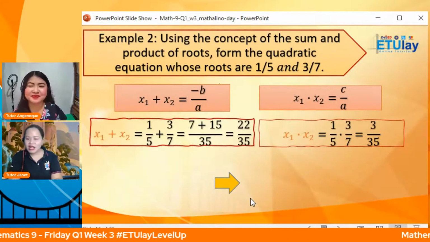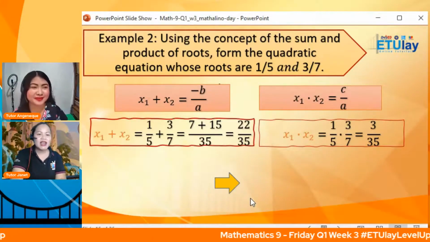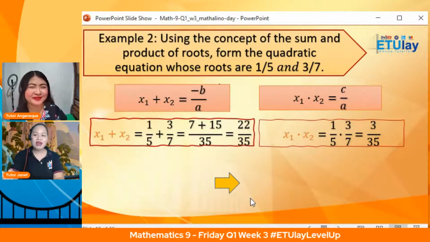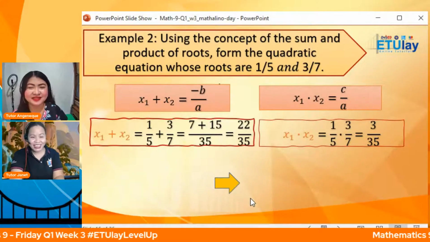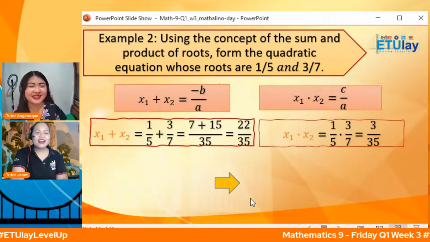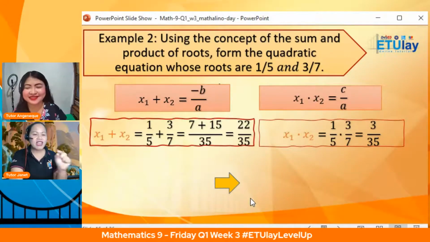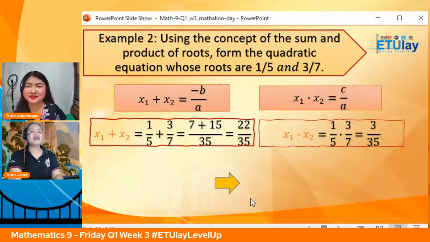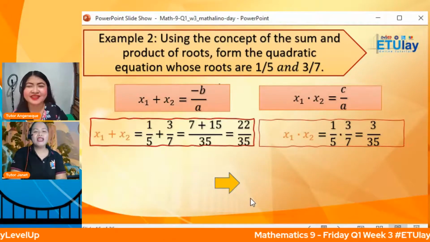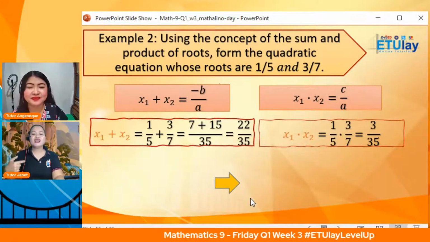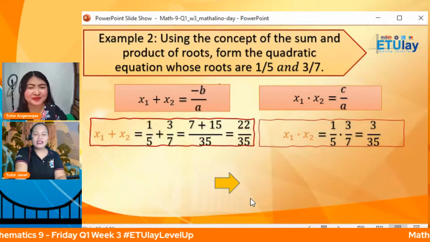So for the case naman ng 3 over 7, Fritz, recall natin, 35 divided by 7. Ano ba ang 35 divided by 7? It's 5. And then 5 times 3 is 15. So, kaya doon nang galing yon. So, nirename natin yung ating fraction na 1/5 as 7 over 35 and 3/7 as 15 over 35. So, pag pinag-combine yung ating roots, ang sagot ay 22 over 35. Okay? So, I hope nasagot namin ni tutor ang question, Fritz.